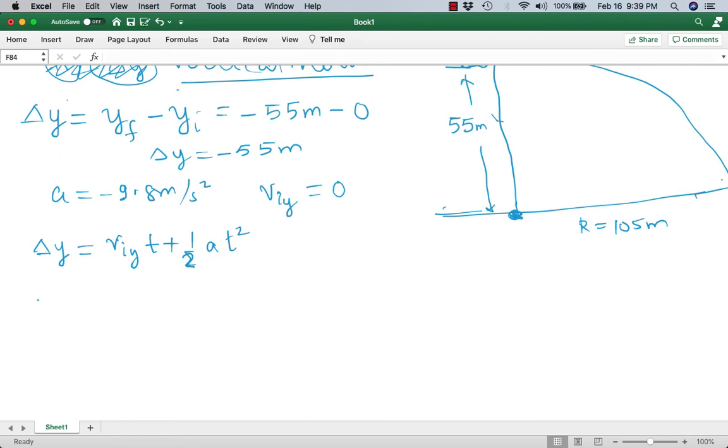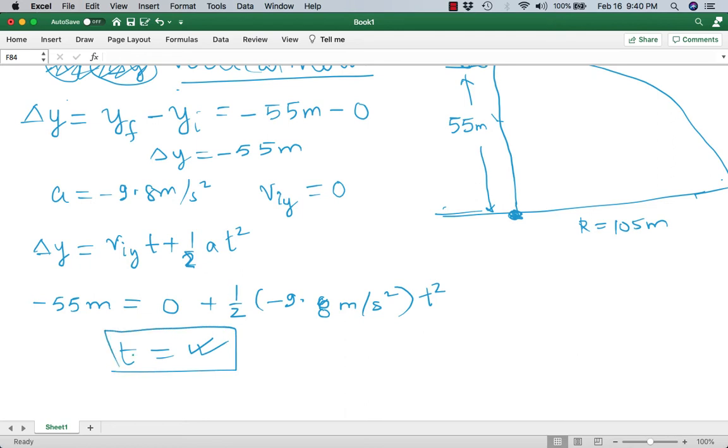So delta y, negative 55 meters, is equal to 0 plus 1/2 times negative 9.8 meters per second squared times t squared. You can find time by solving this equation, and that will give us the time during which the ball is in air.